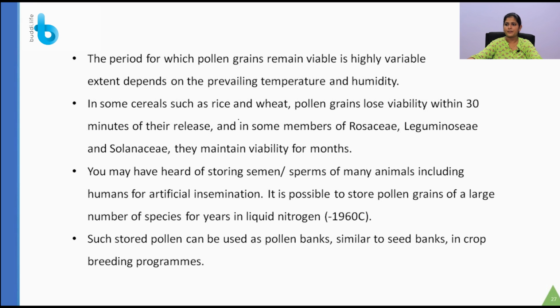As I said, it is possible to store pollen grains of a large number of species for years in liquid nitrogen at minus 196 degrees Celsius. Such pollen can be used as pollen banks, similar to seed banks, in crop breeding programs.